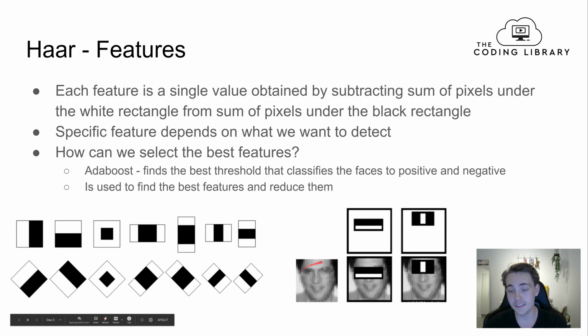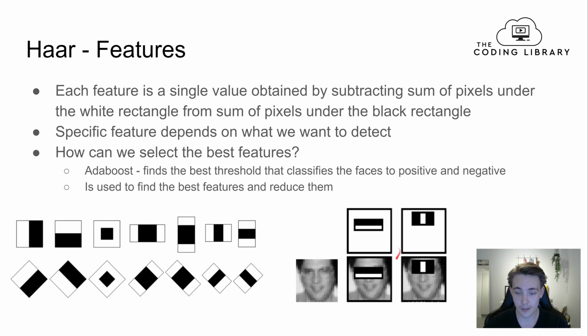Then we'll have a face here, and if we try to detect the face, we have these different features that we're running over the image, and we get a feature here, for example this kernel or filter would be good to use to detect the eyes of a person in an image, and this filter or feature here would be good for detecting the nose, for example.